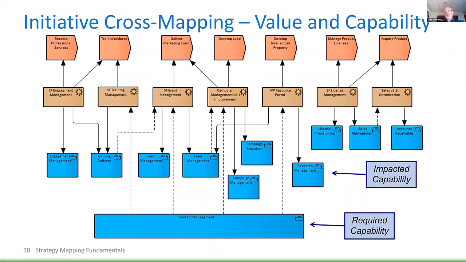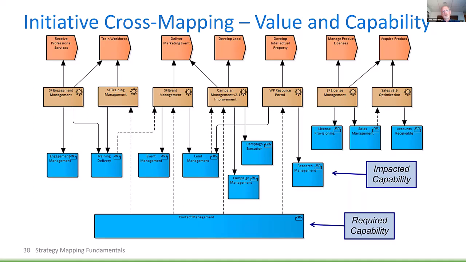And then we should be able to do a broader analysis. Now that we're down at the solution delivery project level as opposed to the initiative level, which value streams do these projects impact, and which capabilities do they impact? It's particularly the relationships to capability that can be very informative when putting together this portfolio.